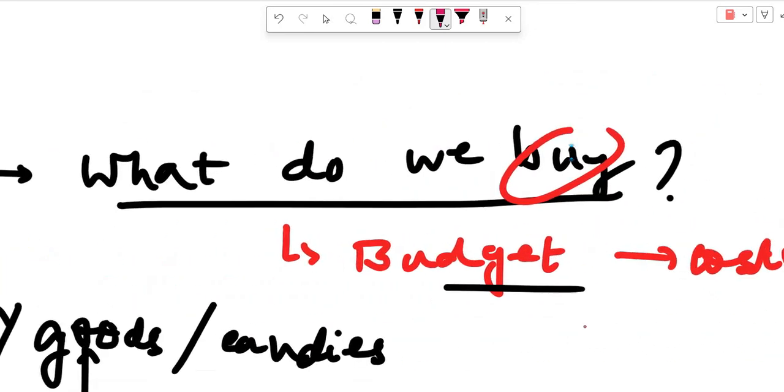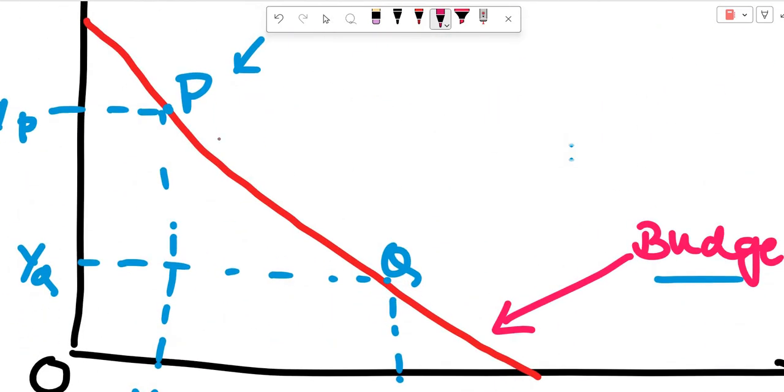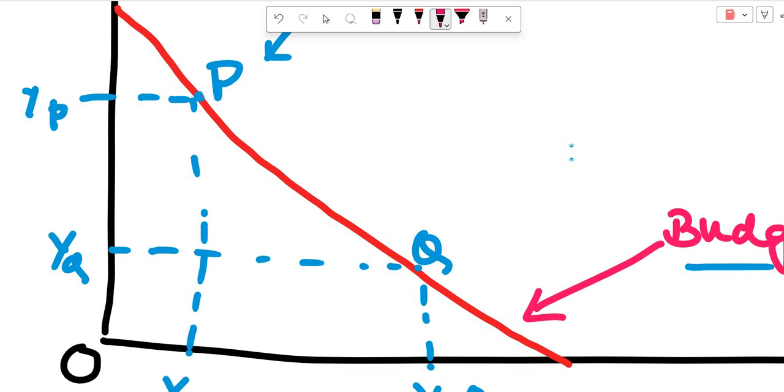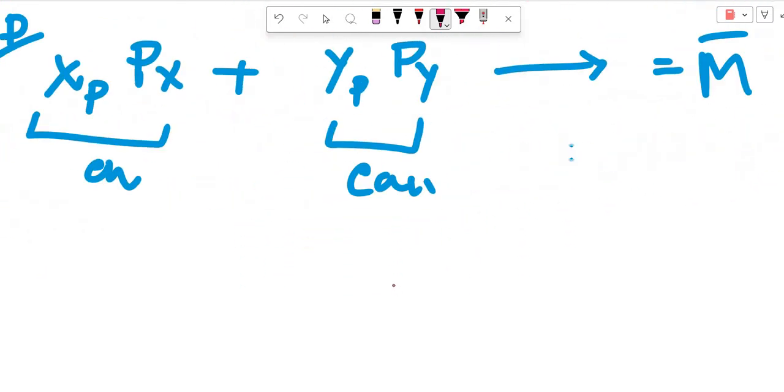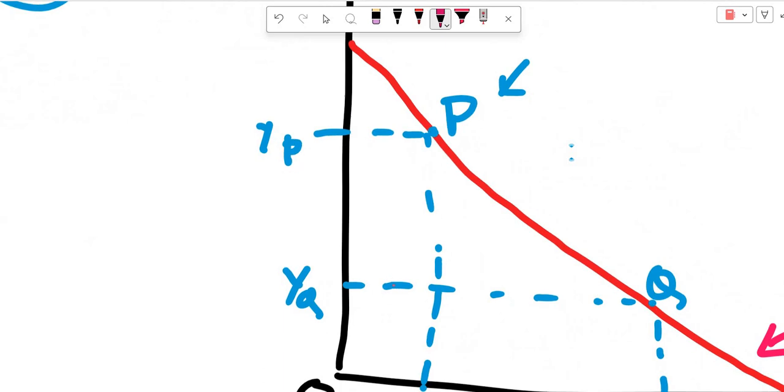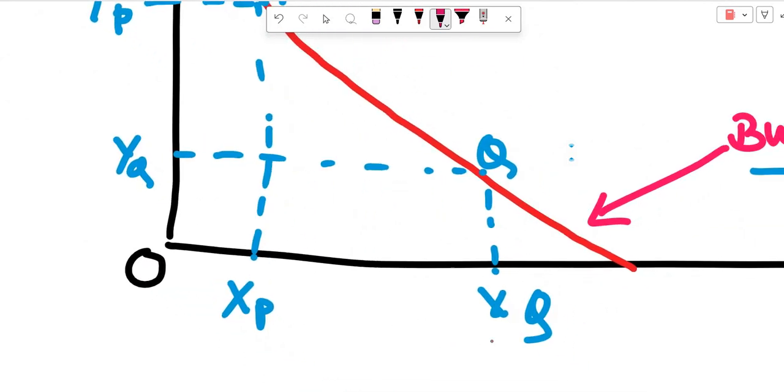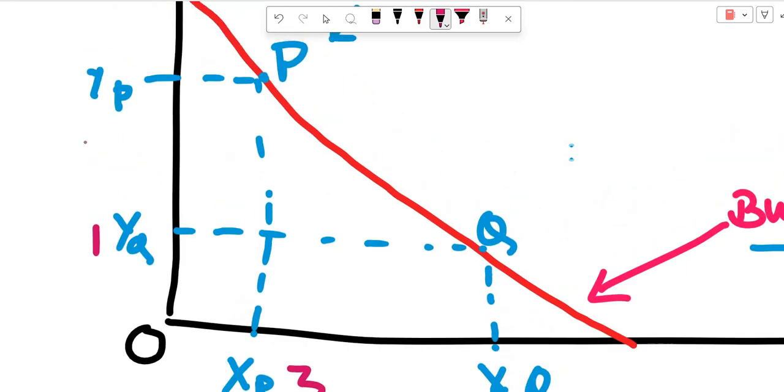This idea is basically the budget. So what are the two bundles that I chose? 5, 1 and 3, 2. So suppose this is 5, 1, this is 3, 2.